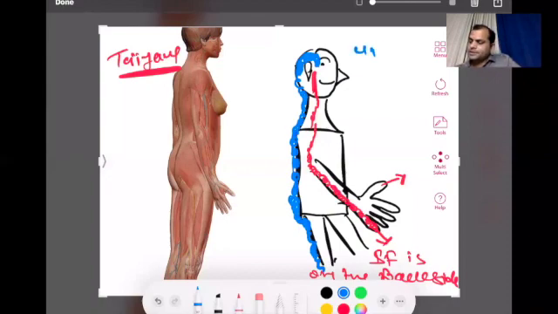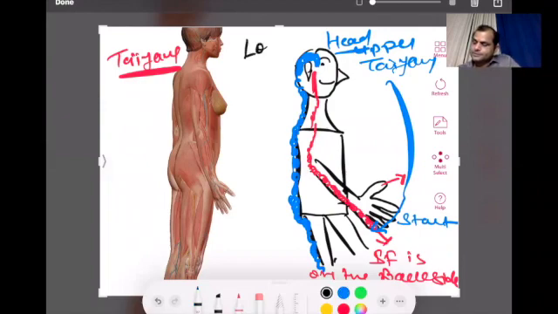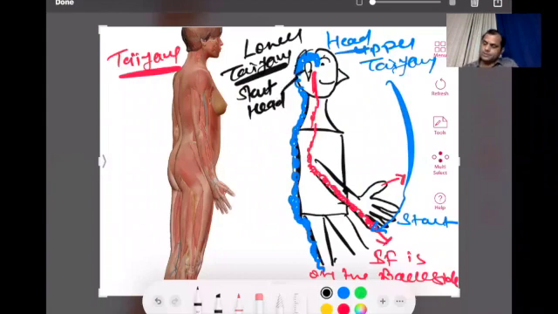So the upper Tai Yang starts from the small finger and ends in the head region, and lower Tai Yang starts from the head region and supplies the whole back part of the body, because Tai Yang means that which supplies the back part, and ends on the legs.